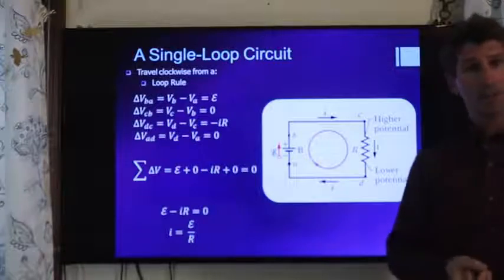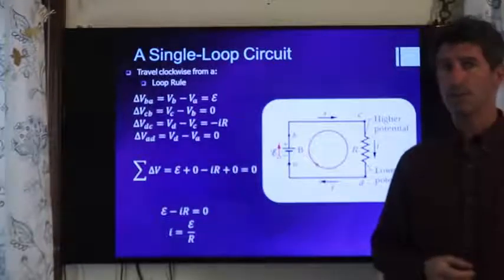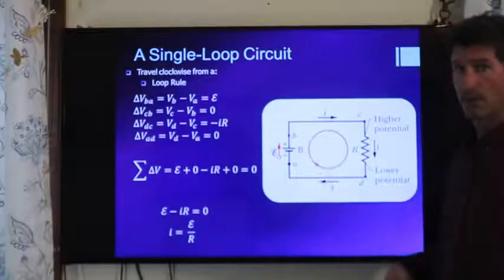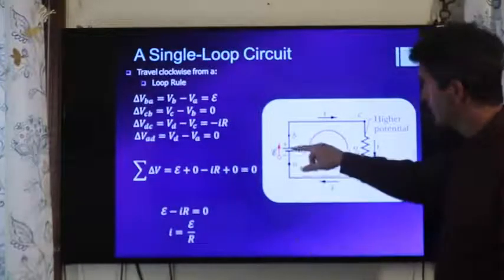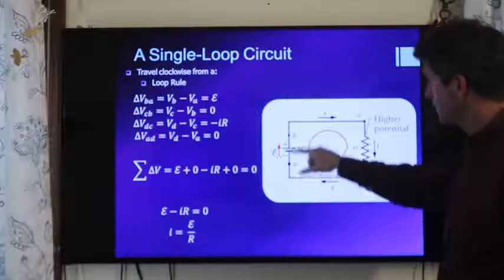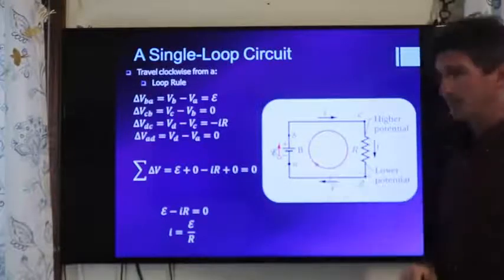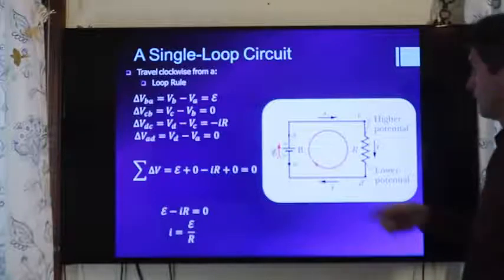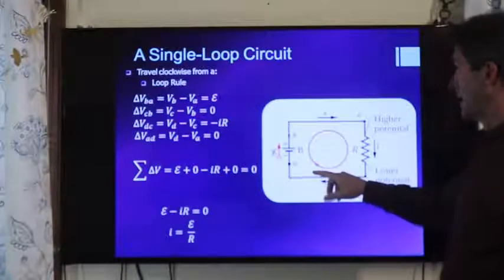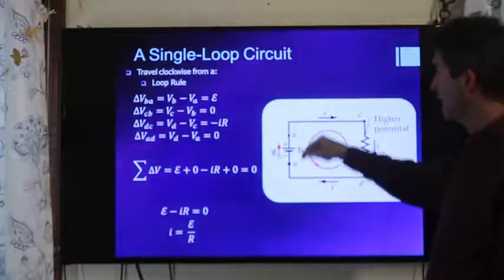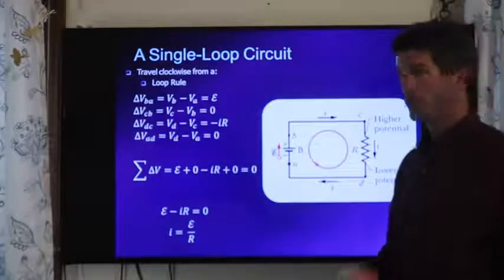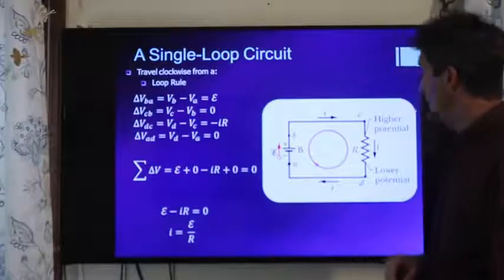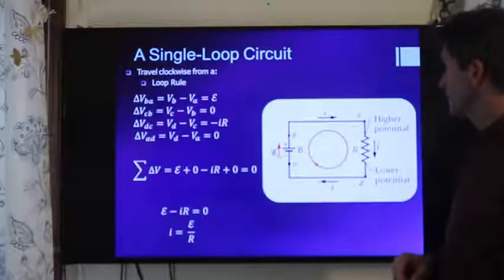Now, in choosing the direction of the current, it's fairly obvious where the current's going to go. The current is going to go from positive to negative. I only have one EMF source, so it's going to push the current in the direction that my loop is going. Now, in looking at the voltage drop from B to A, if I go from B to A against the current, that'll correspond to a positive EMF.